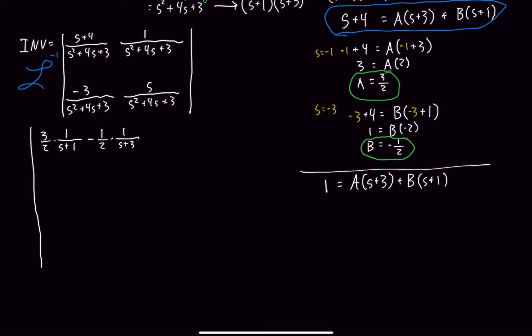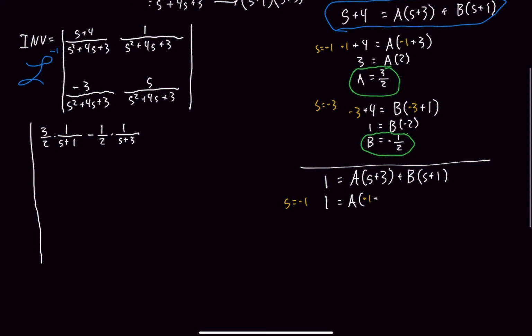Let's make s equal to negative 1. Gives us 1 equals A times negative 1 plus 3, which gives us A equals 1/2.